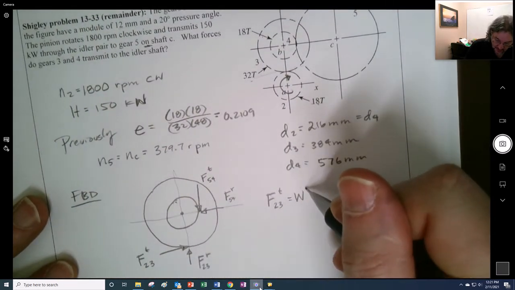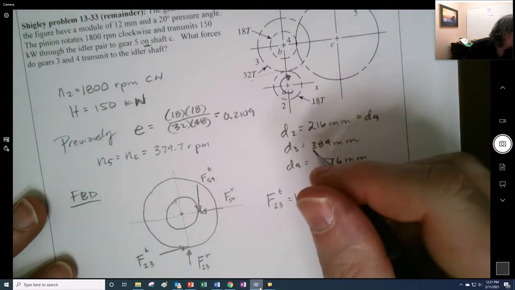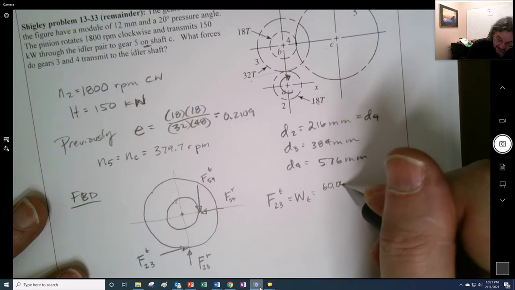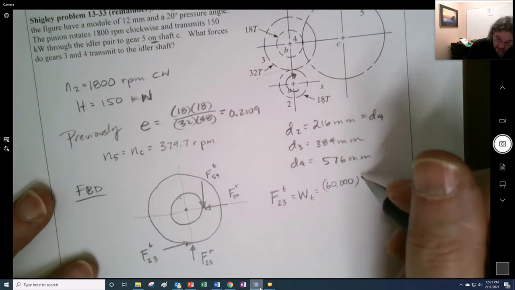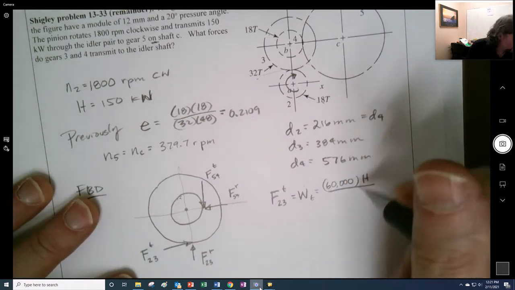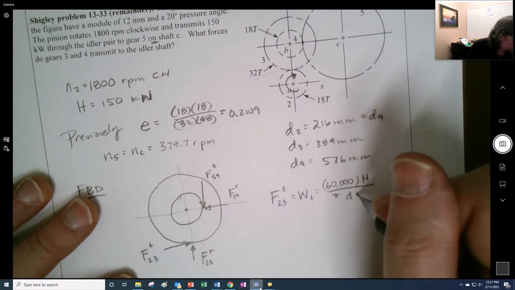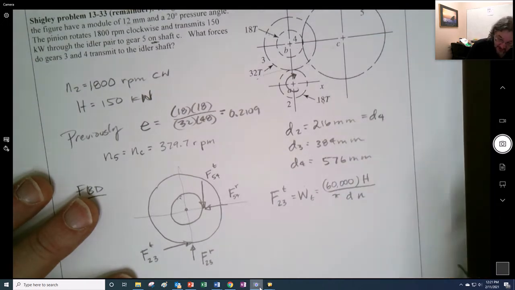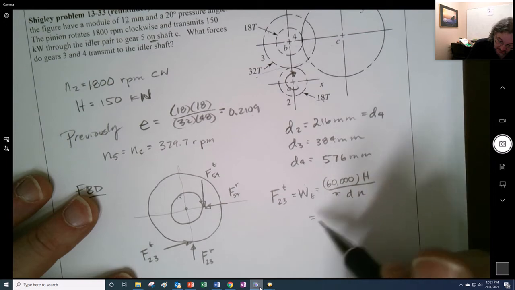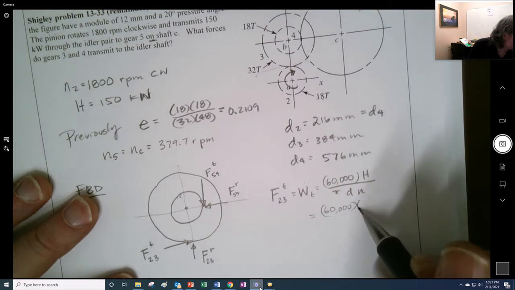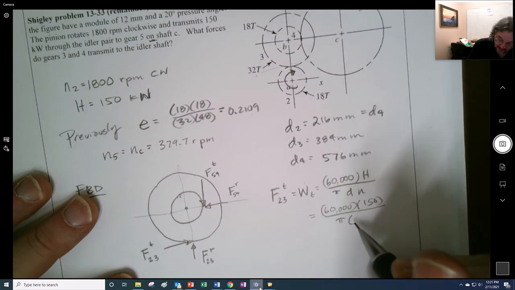The WT in that equation is 60,000 times H divided by pi D N. Okay, so 60,000 times 150 divided by pi divided by the diameter.